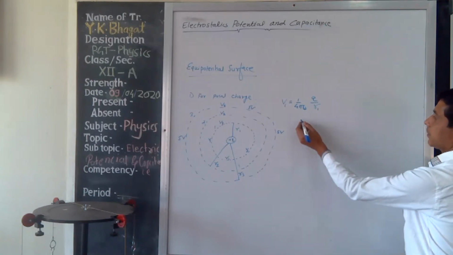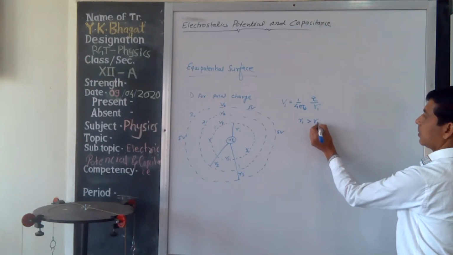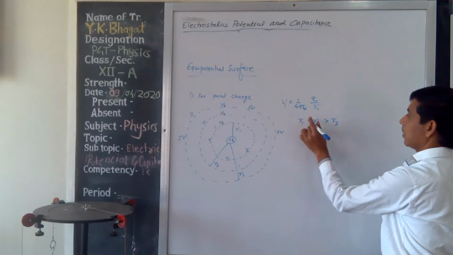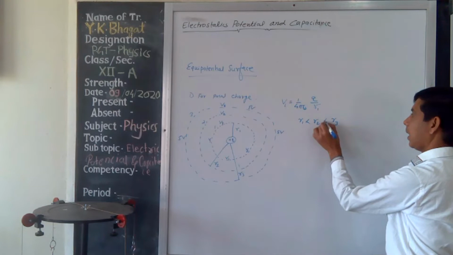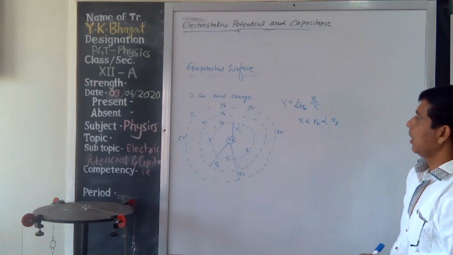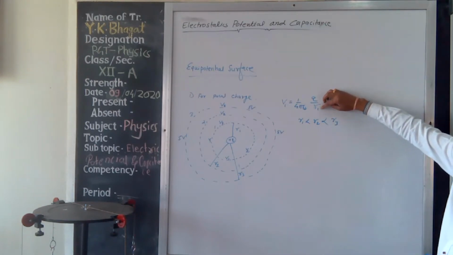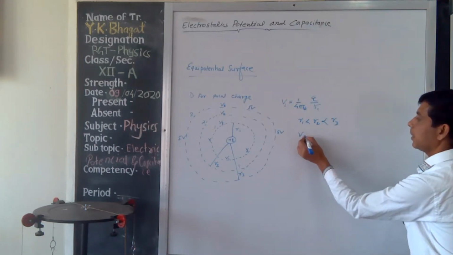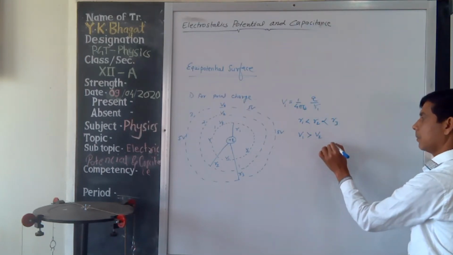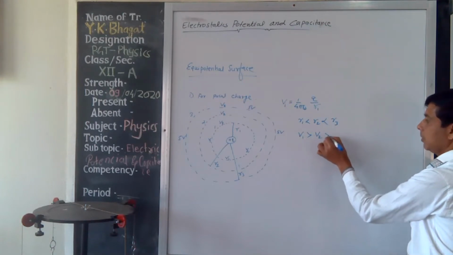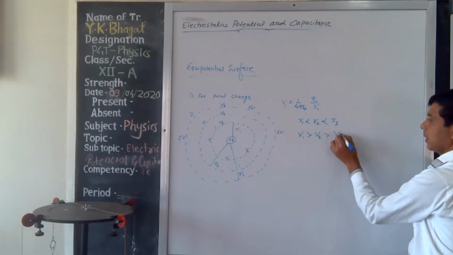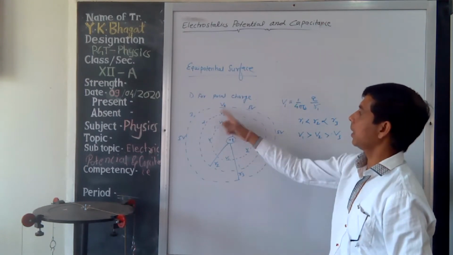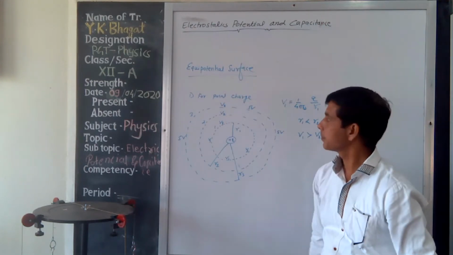We know that R1 is less than R2 and R2 is less than R3. From this equation, for smaller radius there will be more potential. That means V1 is greater than V2 and V2 is greater than V3. So this will be the spherical pattern for point charges.